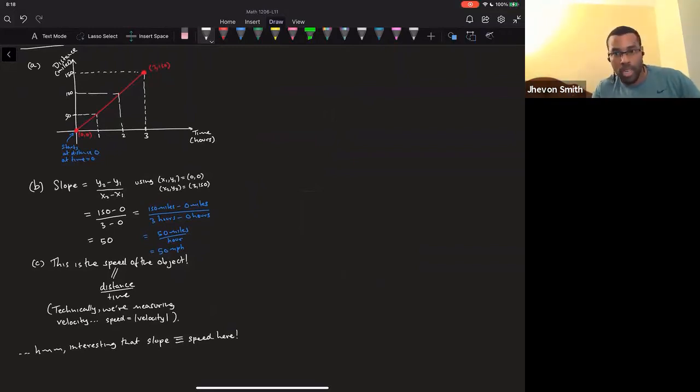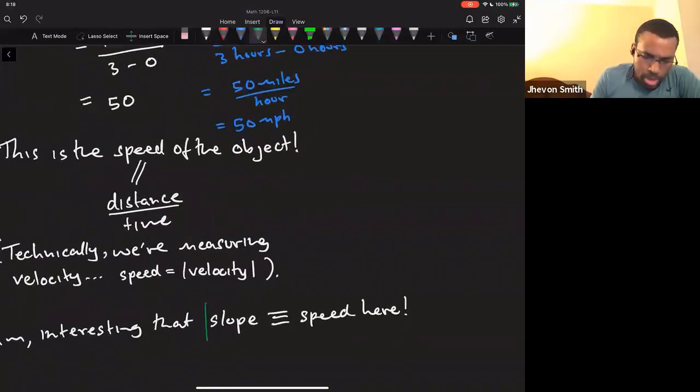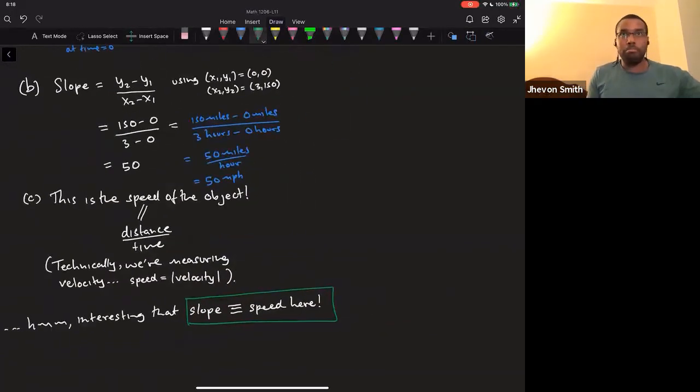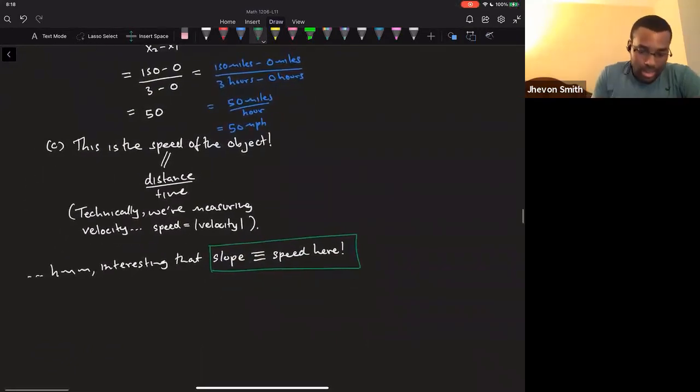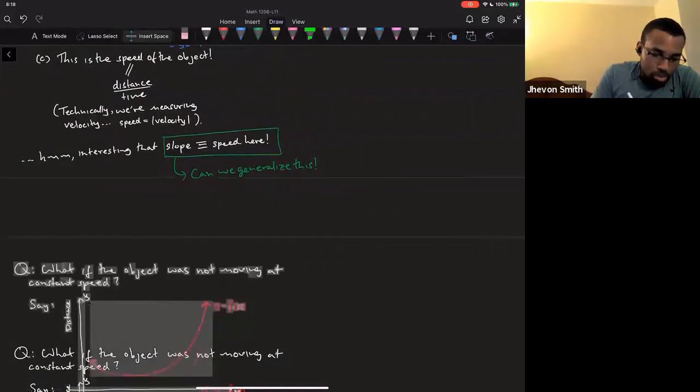The answer would be 50, which means that's the speed. I can use the slope to measure the speed, which is like the average rate of change. So there's this idea that slope can somehow be equated to speed, right? And that gives us enough to chew on. So now the idea is, can we generalize this? And so now we deal with the harder problem.